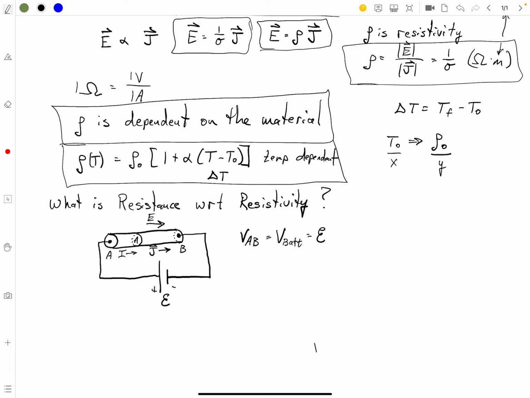So we can start looking at all of the equations that we've built up so far. So we've got E equals voltage divided by L, and this is our E field. We know what our battery is, and that's just our voltage across the resistor. We know that our current density is equal to our current divided by our area.